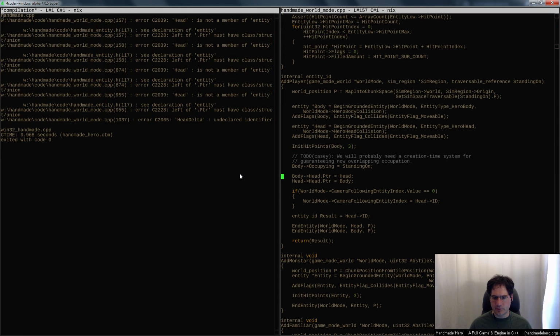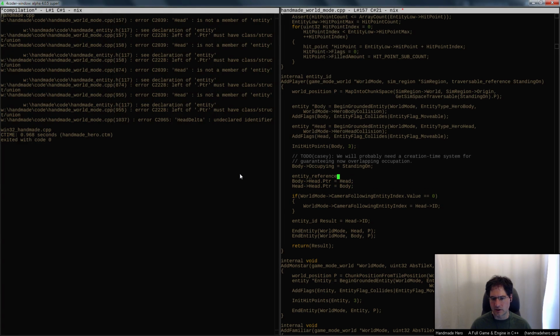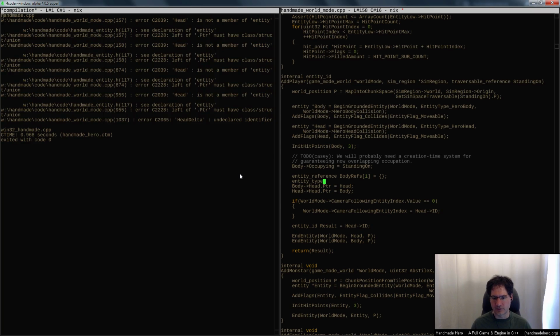When we add the player, at this point, yeah, we're going to need to be able to make that array do its thing, which is actually relatively simple in this case, right? Because since in both cases we just have one of these, we can do an entity reference, which is like body refs 1, entity reference head refs 1. Right?